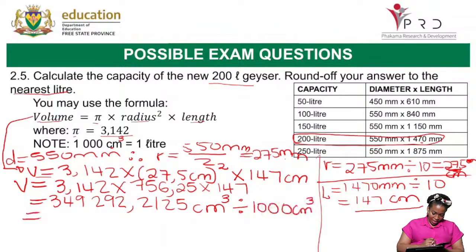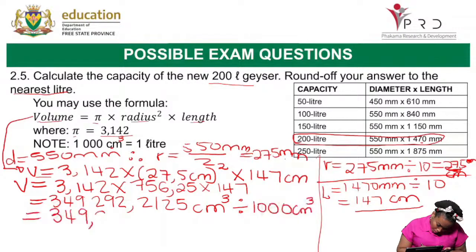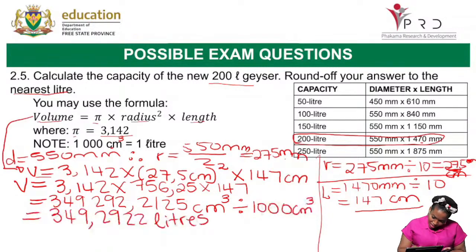So you take your answer and divide it by 1,000. The answer that I'm getting is 349.2922 liters.